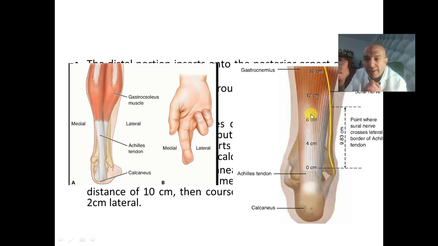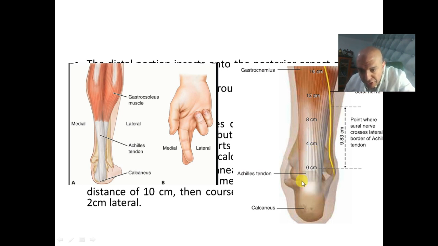Paratenon, which covers the Achilles tendon and the patellar tendon, for example, has only 1 layer, and the synovium passes inside, also giving nutrition for the tendon. So 3 sources: at the insertion, at the musculotendinous part, and from the paratenon.